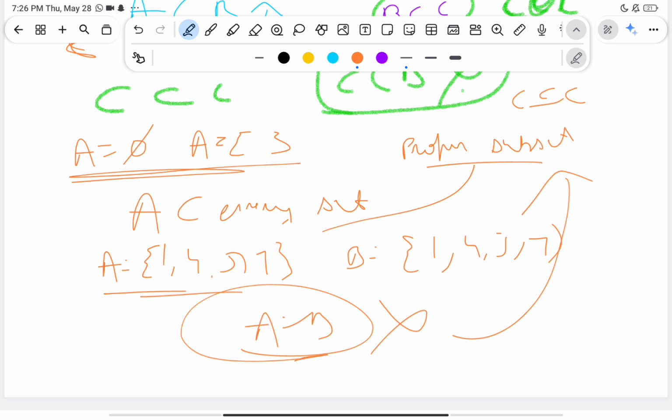Then this example is called improper subset. If I remove any one element from here, then it will be a proper subset. Is this clear? Now we will see closed intervals and open intervals.